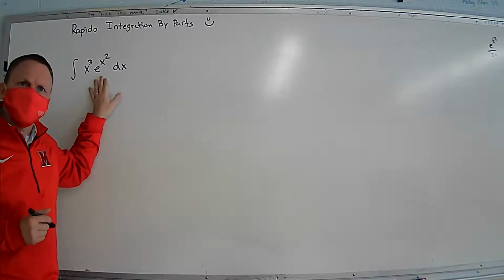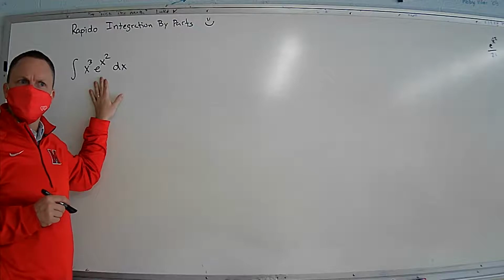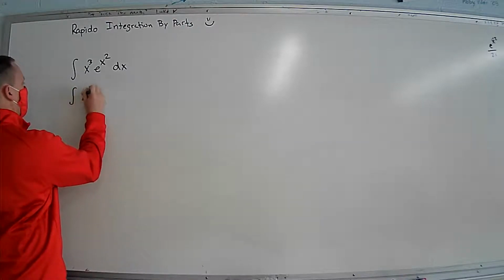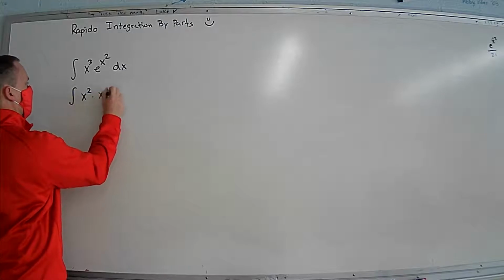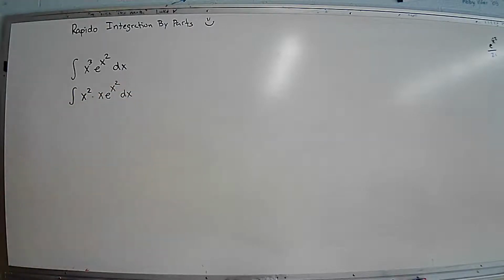put e to the x squared, if there was something next to it, could you find the antiderivative of it pretty easily? What if I thought of it like this? Are those equivalent?